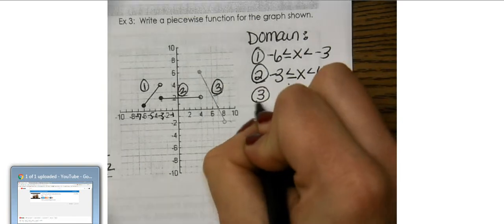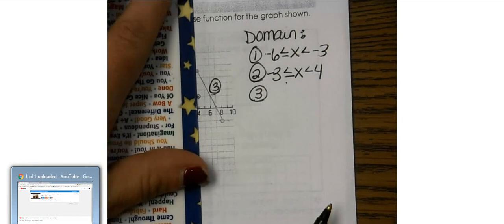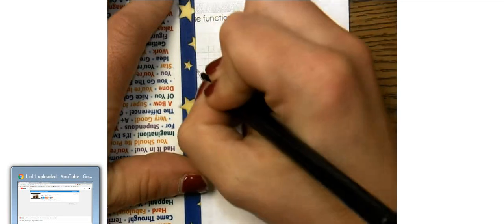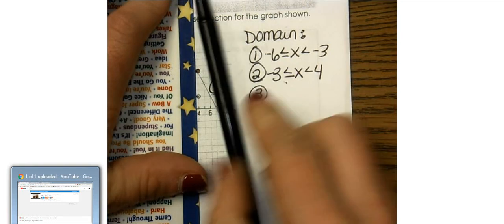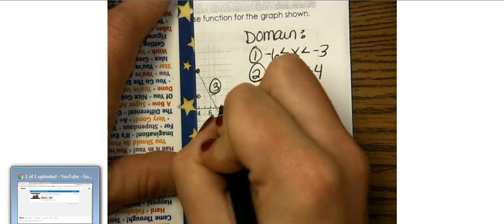For the third piece, just looking at the x values, it appears to be starting at the number 4 with a closed circle, and it ends at the number 8 with an open circle. So my domain piece is going to be 4 is less than or equal to x, which is less than 8.